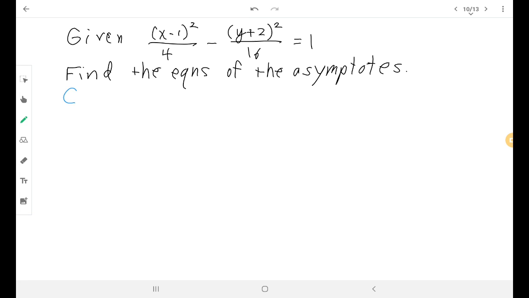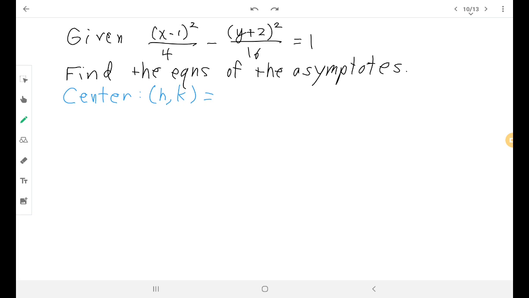Let's get all of our information. Remember, our center is at (h, k), and remember, it's always minus h and minus k. So essentially what you have to do is look at this and this and take the opposite of what you see.